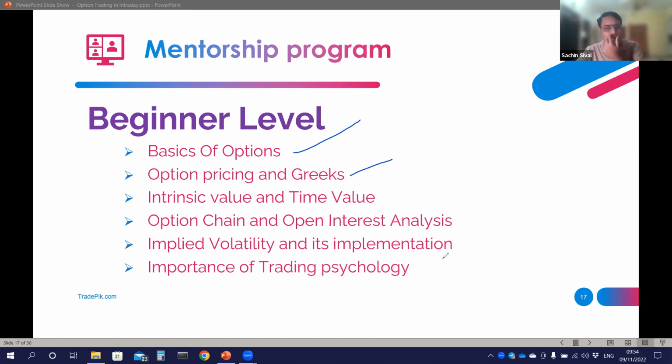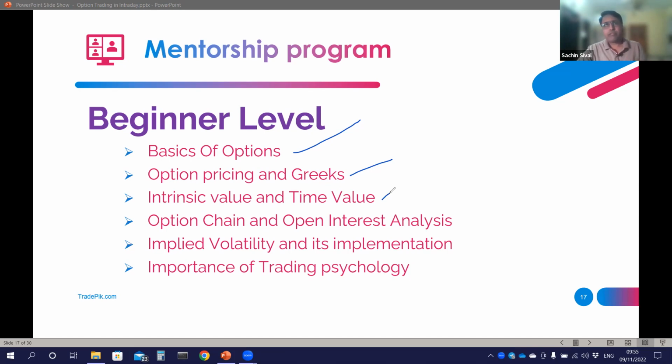Adjustments are all about adjusting your Greeks. If you know what the Greeks are and how to manage them, you can create any type of strategy on any market. The third and most important thing is intrinsic value and time value. What is the intrinsic value and what is the time value in any option pricing?